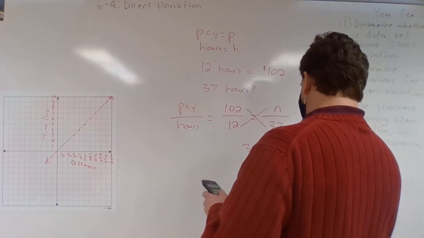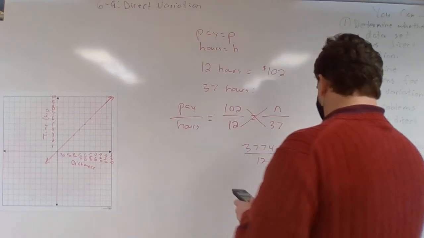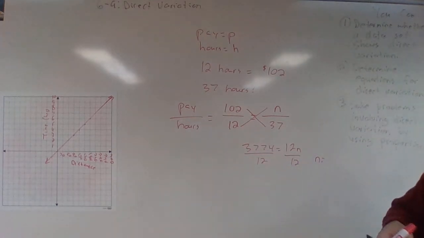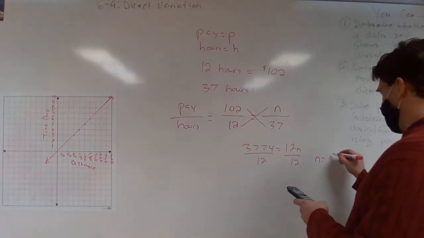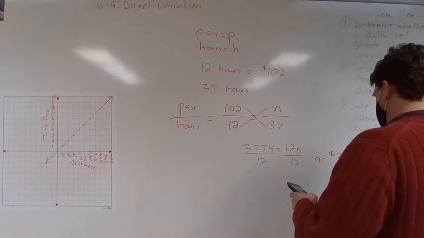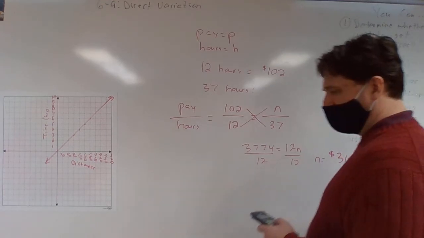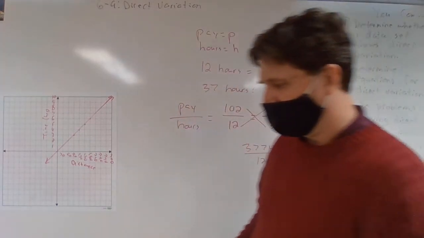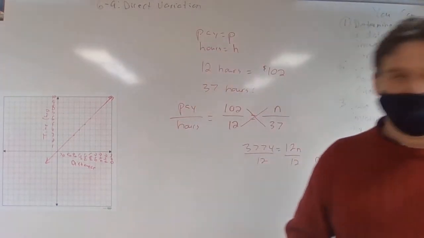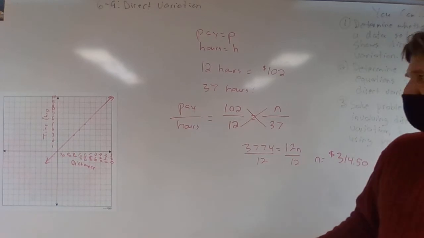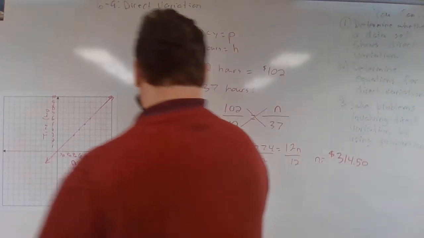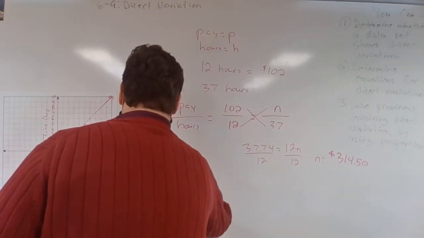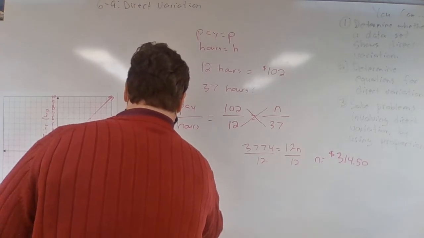And then solve for n, divide by 12: 3774 divided by 12 equals $314.50. So we'll make $314.50 in 37 hours.